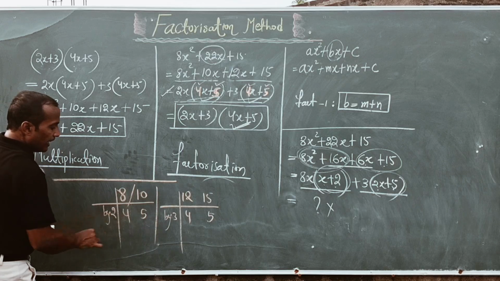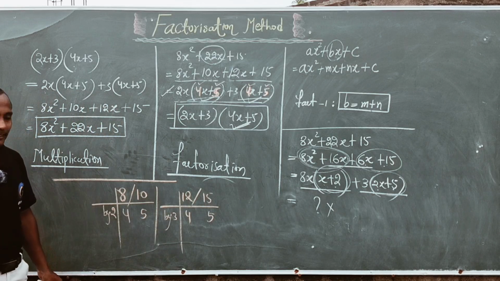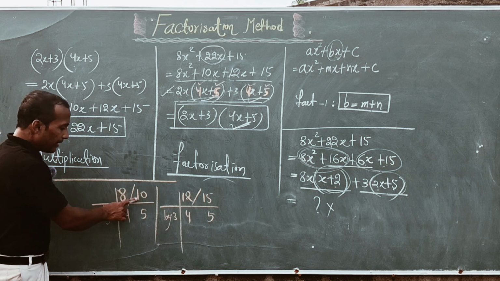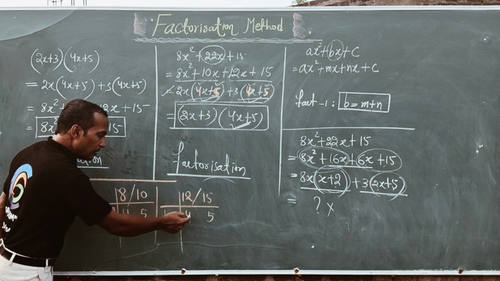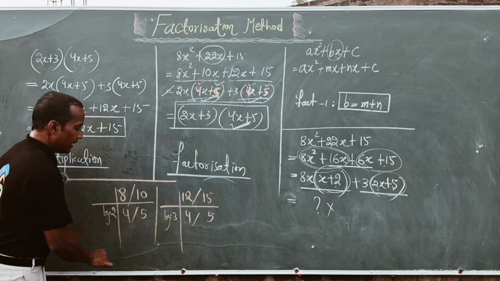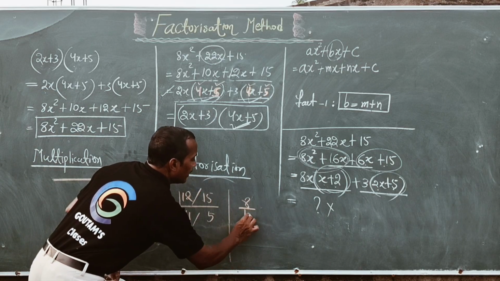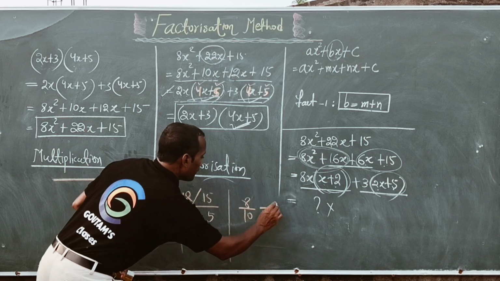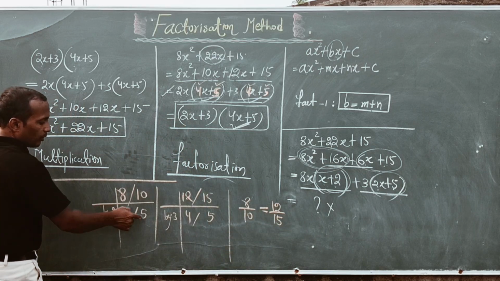It means that 8 by 10 is equal to 12 by 15 in terms of ratio. 8 by 10 will be no doubt 4 by 5, and 12 by 15 will also be 4 by 5, correct? I can write it properly like this: 8 by 10 equals 12 by 15, because both will give you 4 by 5.